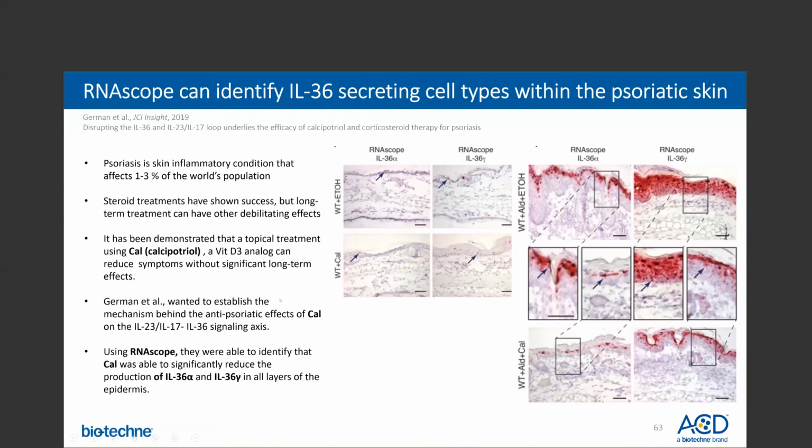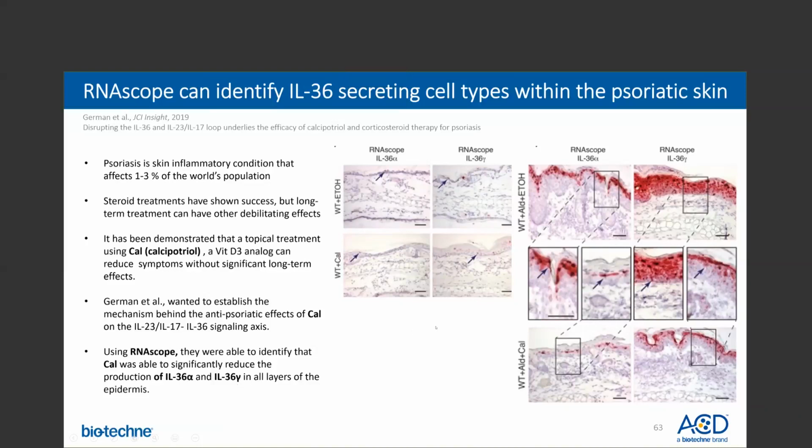Now, the role of vitamin D3 has been well established, but the mechanism underlying it is still not very well understood. So using RNAscope red assay, these researchers studied the IL-23, IL-17, IL-36 signaling pathway to see the expression of IL-36 cytokine.